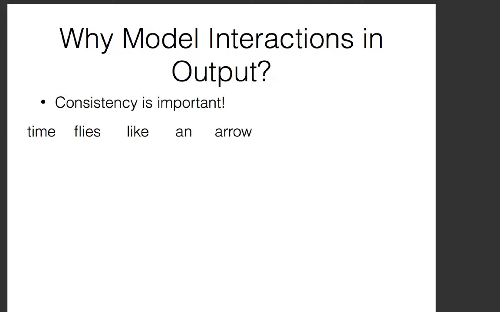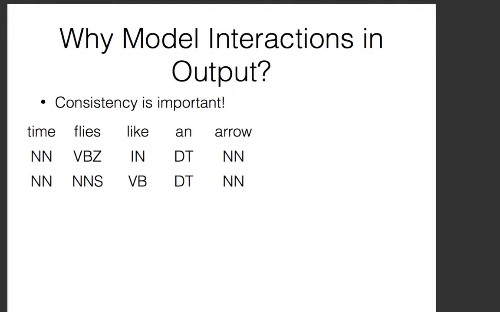So we have a bunch of interpretations: noun, verb, preposition, determiner, noun; noun, noun, verb, determiner, noun; verb, noun, preposition, determiner, noun, etc. Pretend you didn't see this. Which one corresponds to the actual proverb? Yeah, the first one.